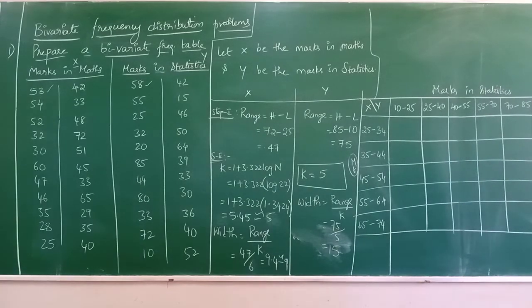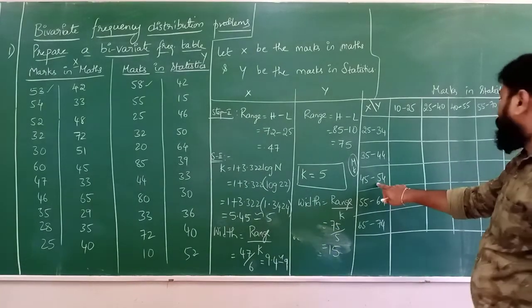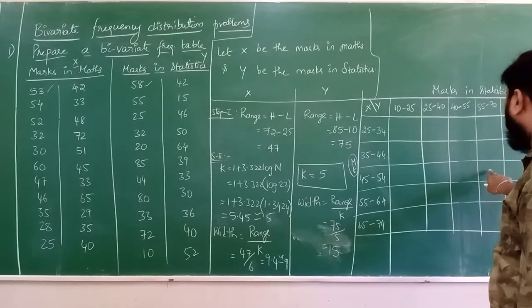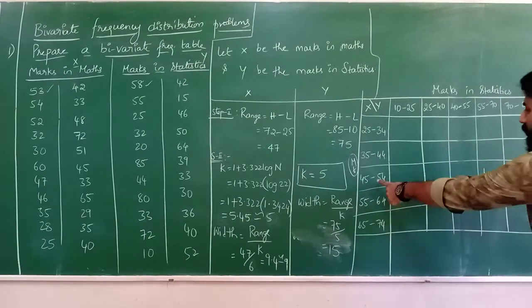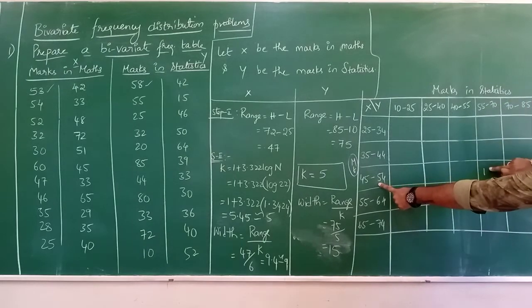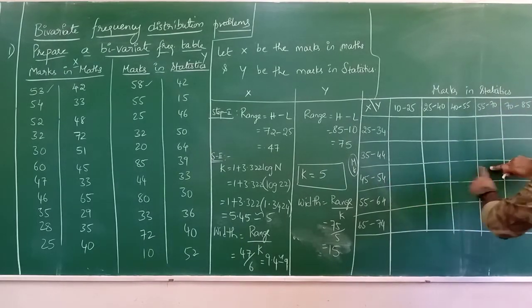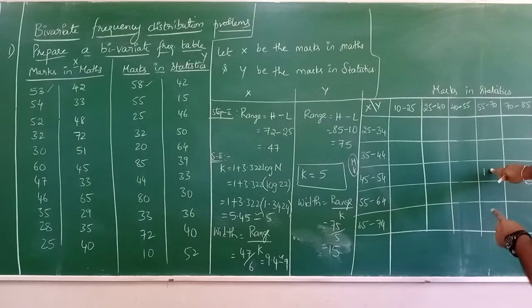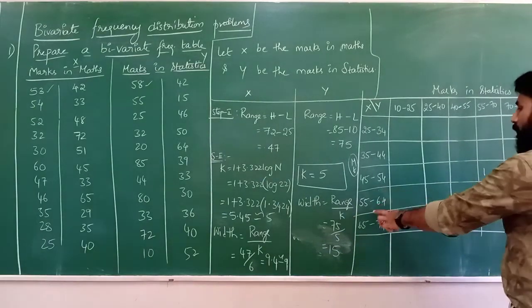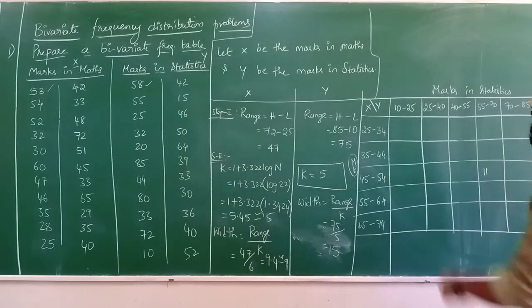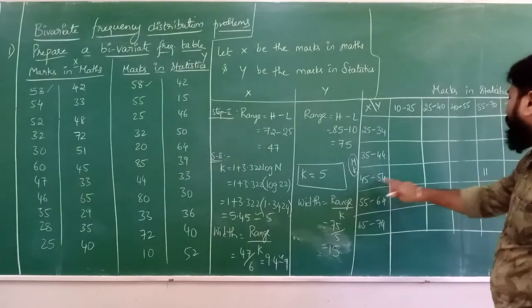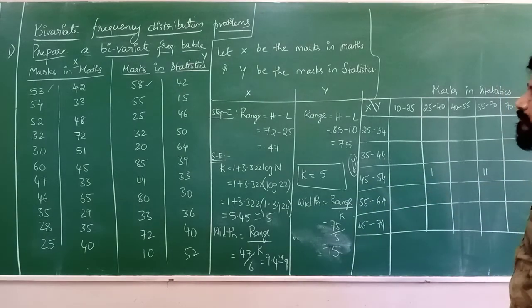Now first observation 53, 58, together one tally. Next 54, 55 here. Then 52, 25, here one tally.